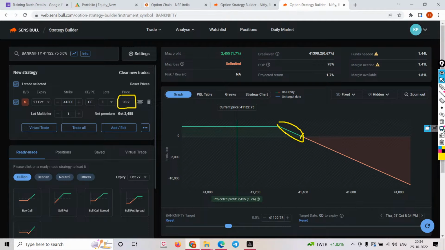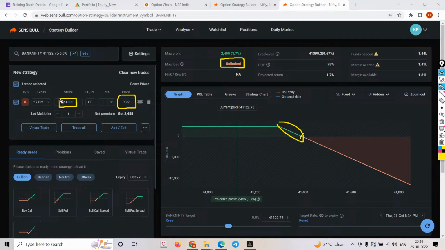And tell me one thing, friend. I wanted to hear from you. This unlimited loss, is it really unlimited loss for an option seller? Let's say the market makes an upper circuit of 400, 100%. Let's imagine, because the option seller has sold 41,300, his view is the market will not be bearish.